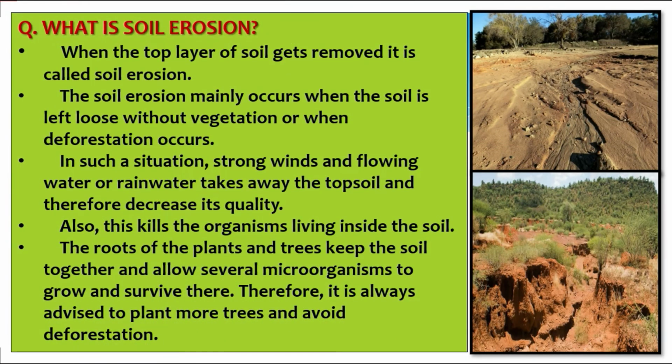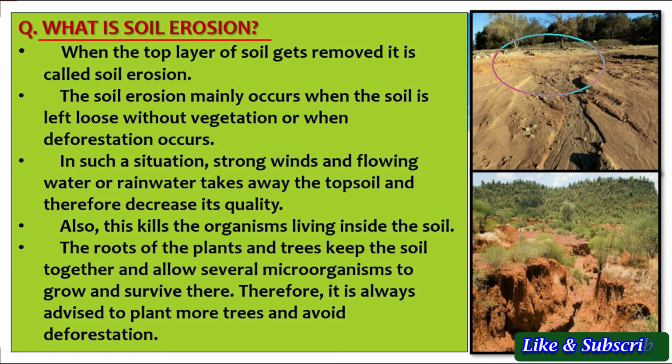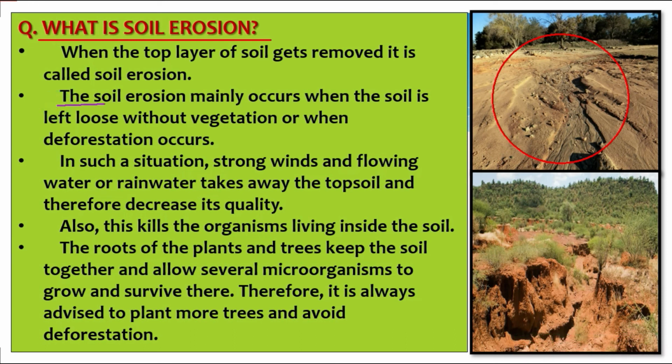Now students, the last topic of this chapter is soil erosion. What is soil erosion? Students, soil erosion means the removal of the top layer of the soil. And students, do you know how it happens? Soil erosion mainly occurs when the soil is left loose without vegetation or when deforestation occurs.